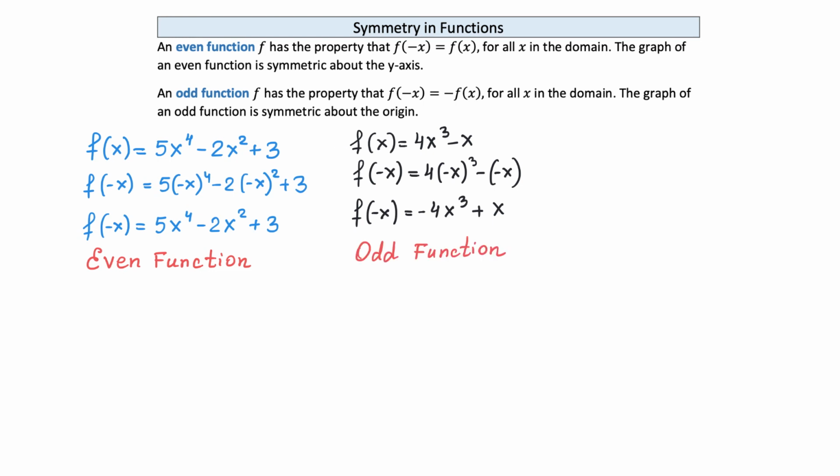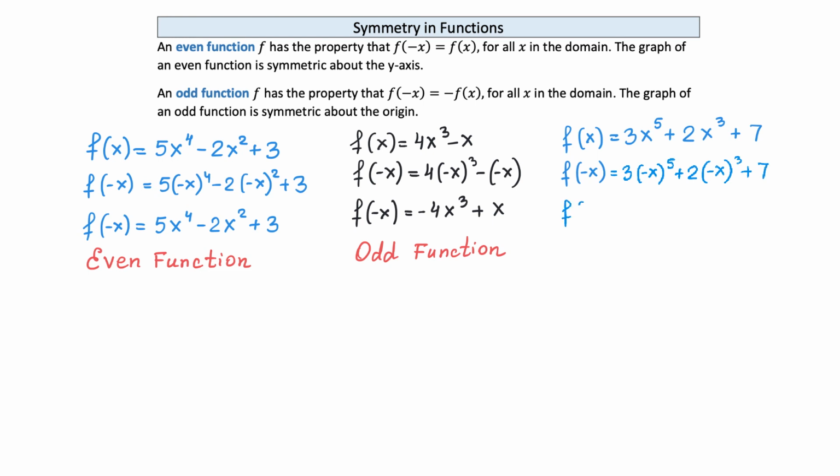And now let's see another example. f of x equals 3x to the power of 5 plus 2x to the power of 3 plus 7. We will start by replacing x with negative x. This will give us 3 times negative x to the power of 5 plus 2 times negative x to the power of 3 plus 7.